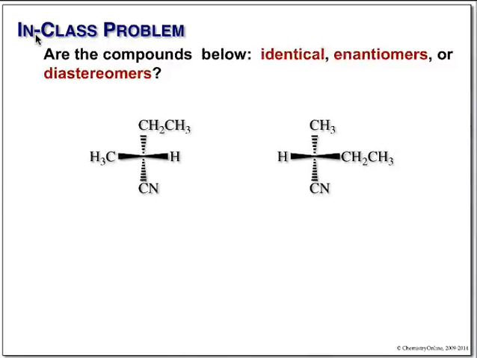Let's very quickly just assign configurations here. Our highest priority is going to be the nitrile, then the ethyl, then the methyl. Hydrogen is forward. This is going counterclockwise, making this guy R configuration.